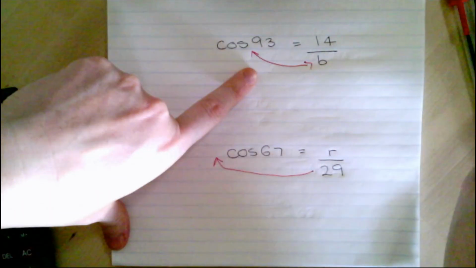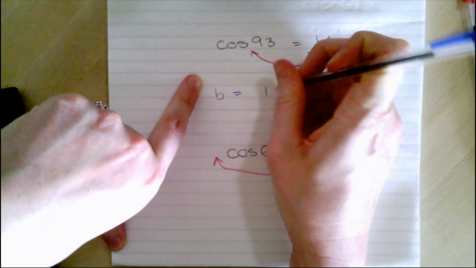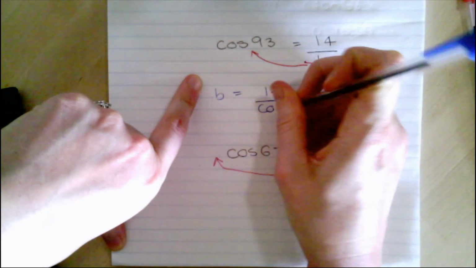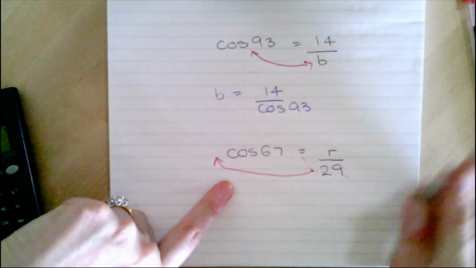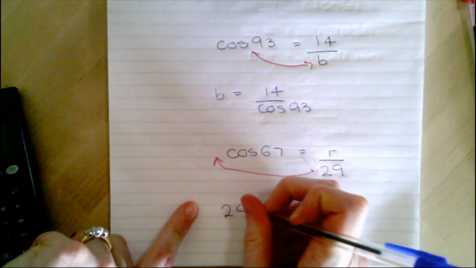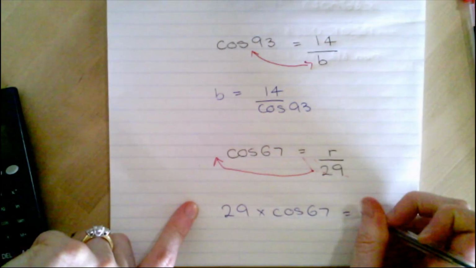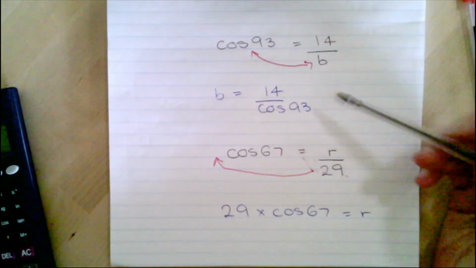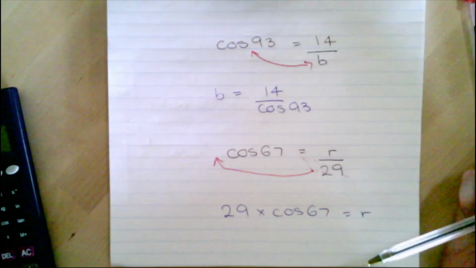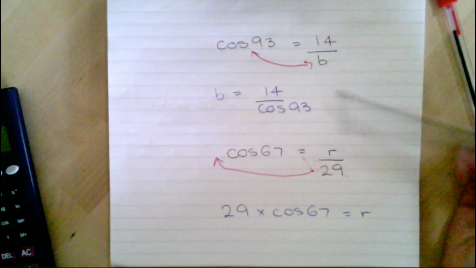So this top question up here will end up looking like b is equal to 14 over, I'm moving my 29 to the front, so that'll look like 29 times cos 67 is equal to r. I can just type this gibberish into a calculator and get my answer. Happy days. So if your number is on the bottom, move it to the front. If your letter is on the bottom, they need to swap spots, these two things here.